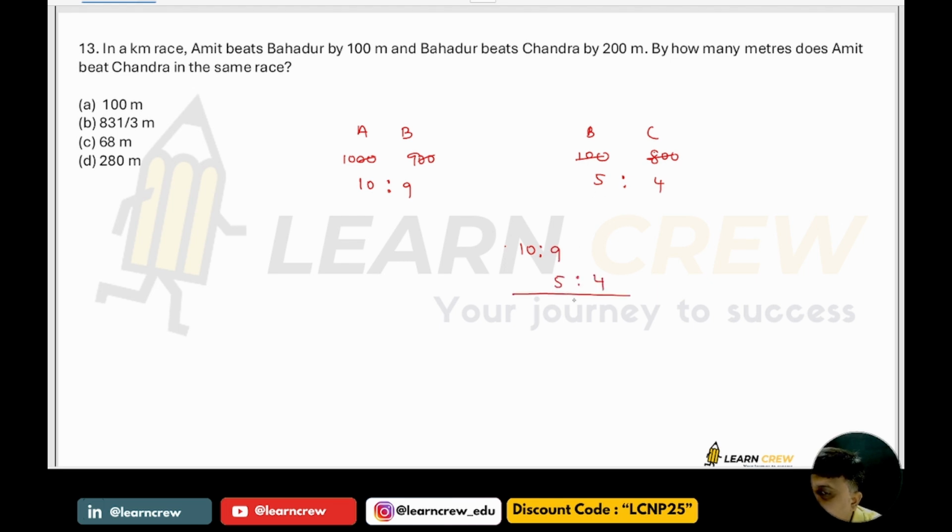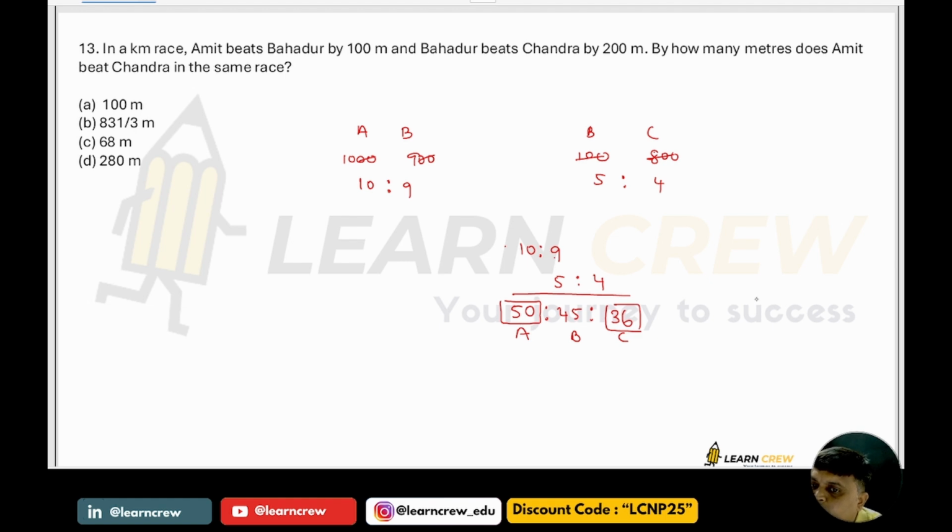So from this I will get 10 into 5, 50, 9 into 5, 45, 9 into 4, 36. So this is A, this is B, this is C. So what does it mean? If A is reaching 50, C is reaching 36.